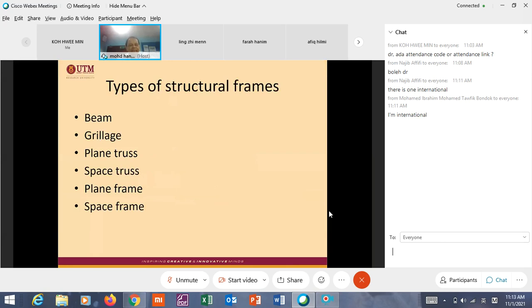I'm afraid that this lecture will not be efficient. Okay, there are some slides that are not contained in your lecture note. Some additional slides, some additional figures, some additional photographs. Okay, for example, this slide is an additional slide. Types of structure frame.